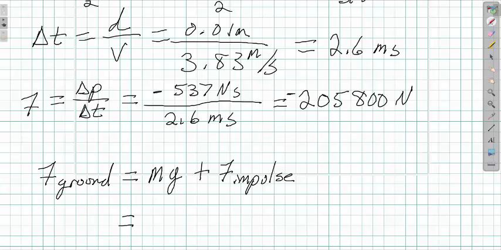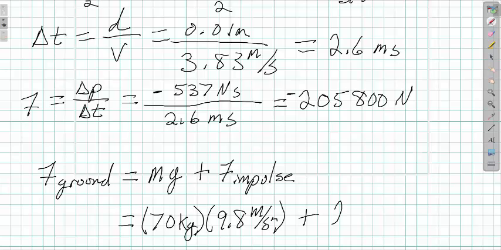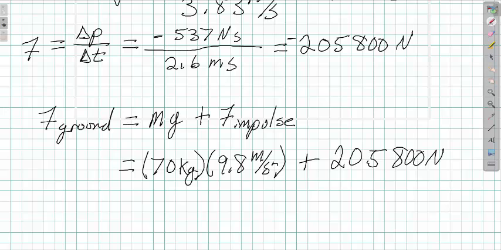The force of the ground is going to be our mass times gravity, so 70 kilograms times 9.8 meters per second squared, plus this astoundingly huge number we found a moment ago, 205,800 newtons, to give us a sum total of 206,500 newtons. That's going to break some bones.